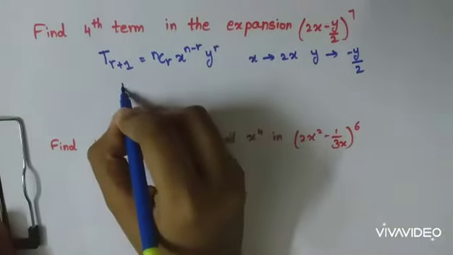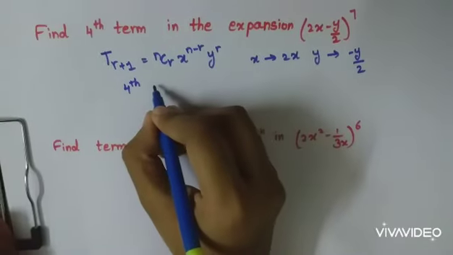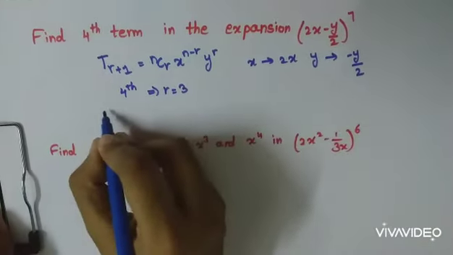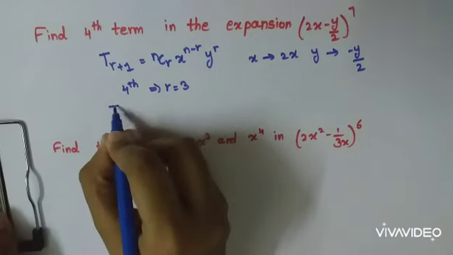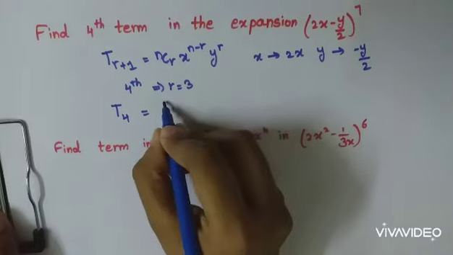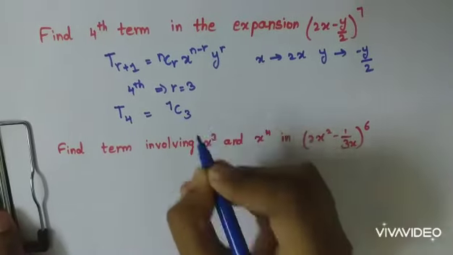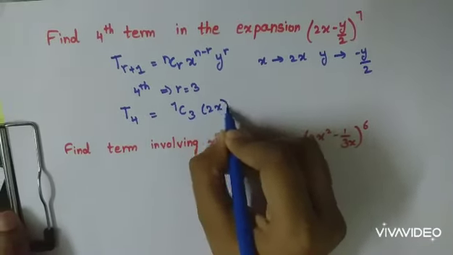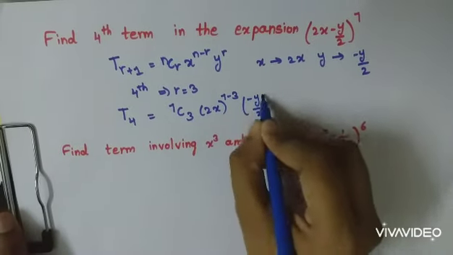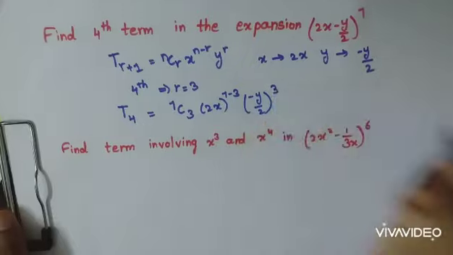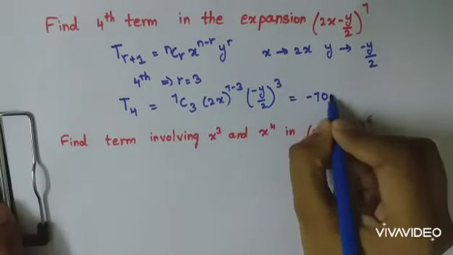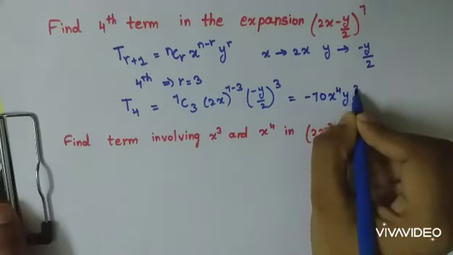Since we need the fourth term, r is 3. So T4 is given by 7C3 (2x)^(7−3) (−y/2)³. If we simplify further, we get −70 x^4 y³.